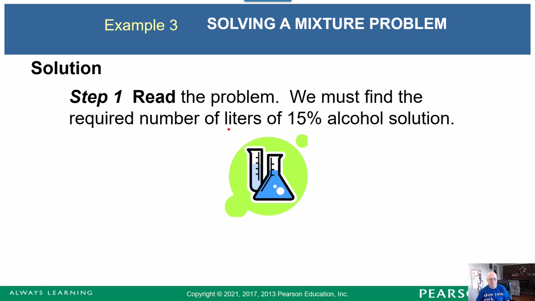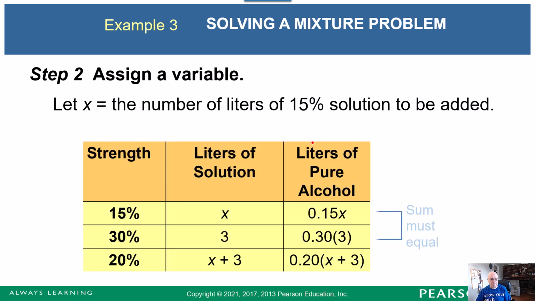So, read the problem. We want to know how many liters of the 15% alcohol solution we'll need. So that's what is going to be your X. There's your X, and that's how much of the 15% solution you need.